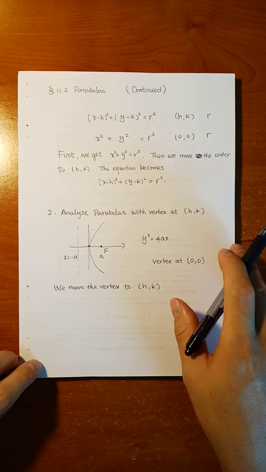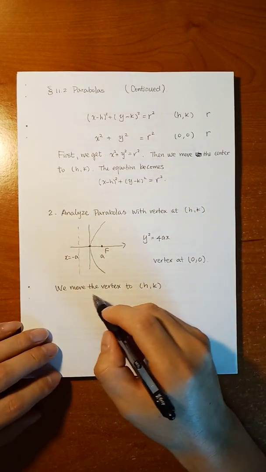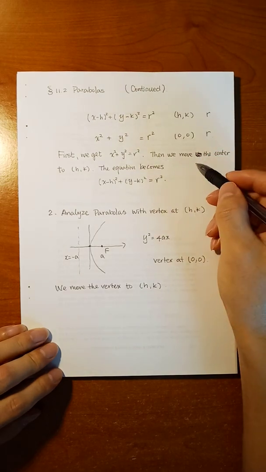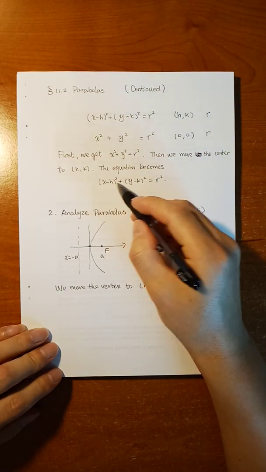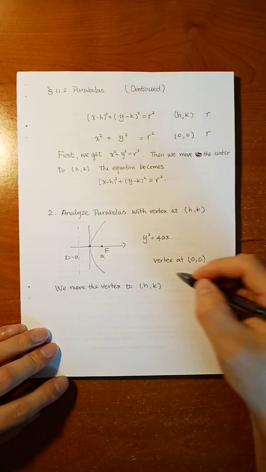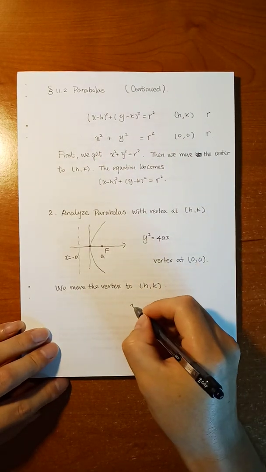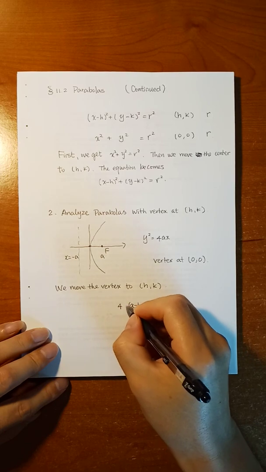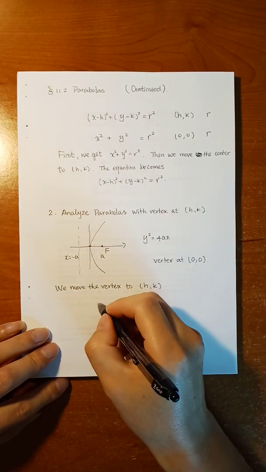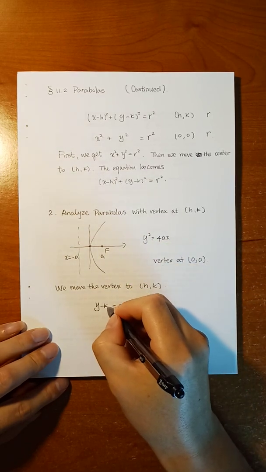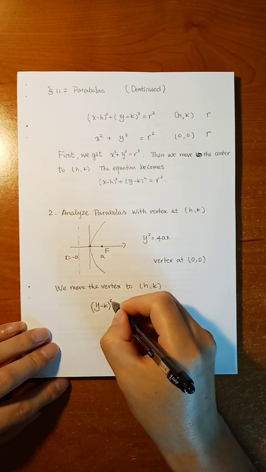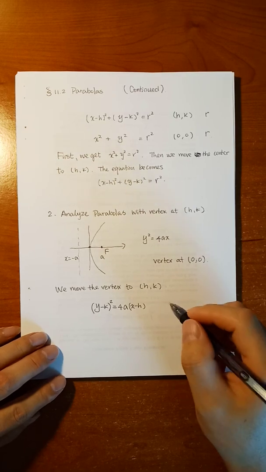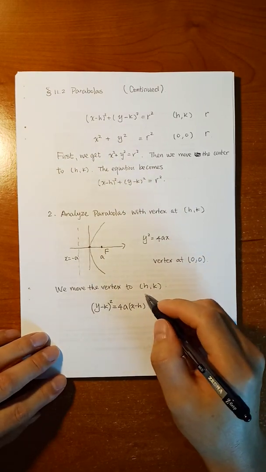We move the vertex to (h, k), then follow this pattern: we use x minus h, y minus k. So this is the equation for the new parabola.